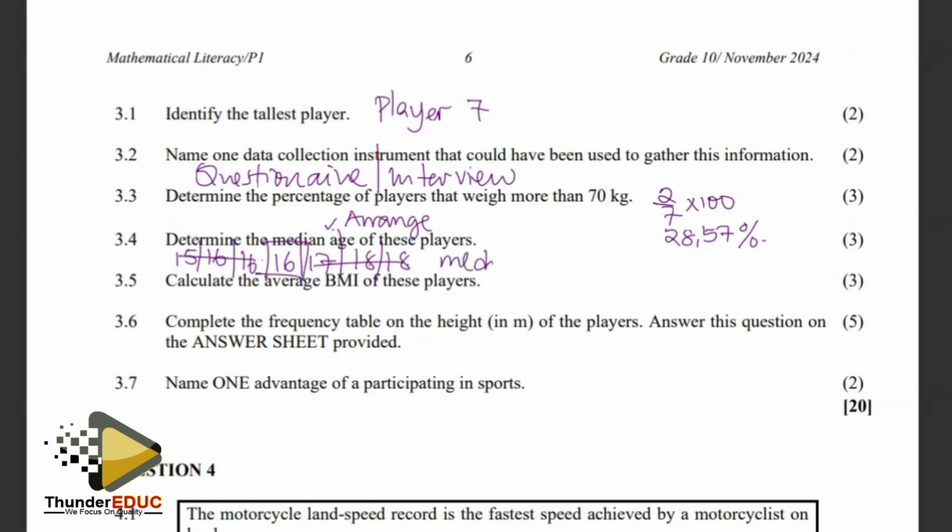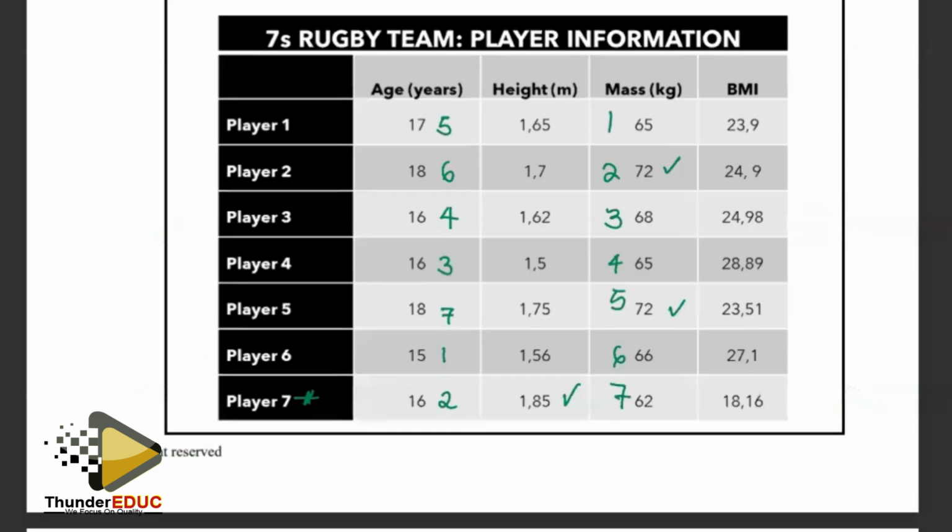So we shall say median equals 16. Calculate the average BMI. Average simply means mean. So what we're going to do is add all the numbers. We're going to add these numbers here.